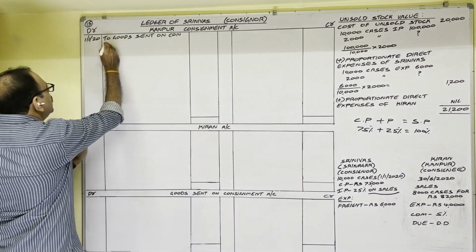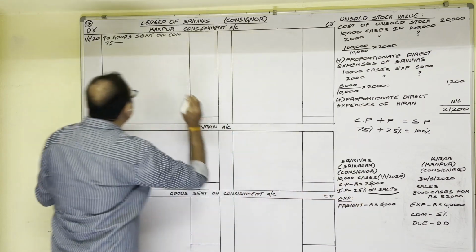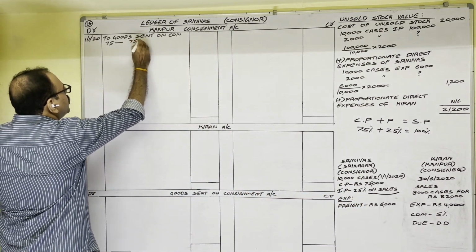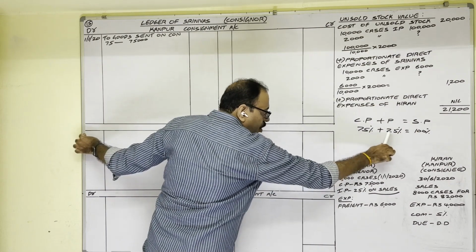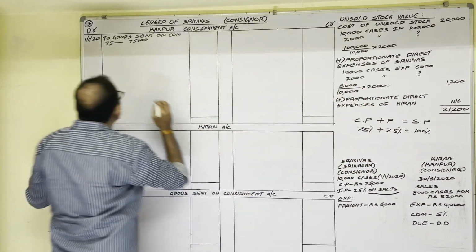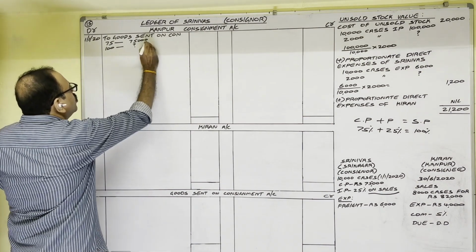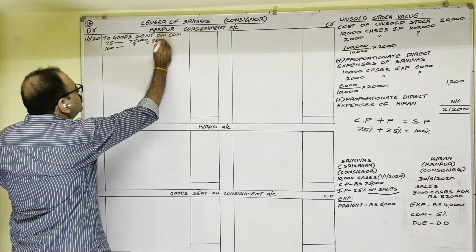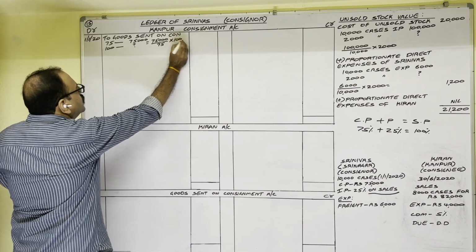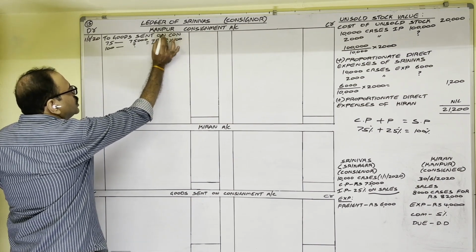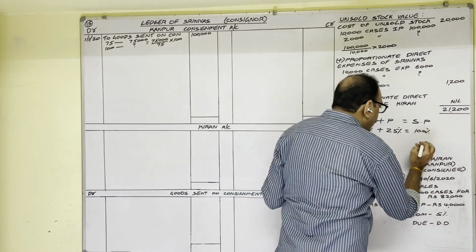If the 75% value in rupees we know is 75,000, then the 100% value, which is nothing but cost plus profit, is how much? 75,000 divided by 75 into 100. 75 ones are 75, 10,000 into 100 is 1 lakh rupees. Means the sale price is 1 lakh rupees.